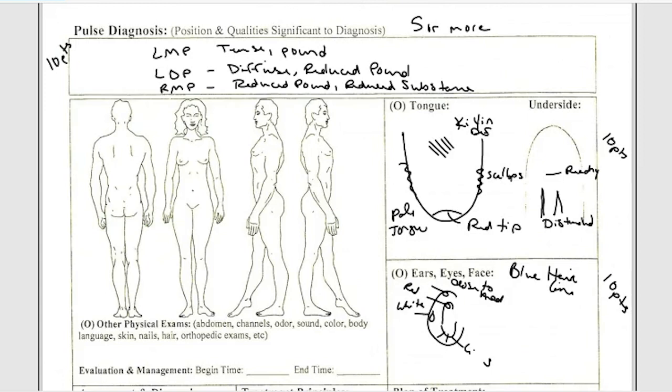Okay? So just anything that you see on a person, maybe their face, their eyes, maybe their eyes are bloodshot. Maybe you've noticed certain lines running across their eye that's unusual. Also, another thing about the face is you can look for lines on somebody's face. Even if you haven't gone through the facial diagnosis yet, that's okay.